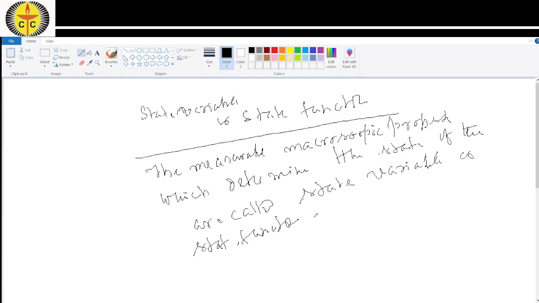In other words, the factors which determine the state of the system are called macroscopic variables. These macroscopic properties are the factors that change the state of the thermodynamic system.